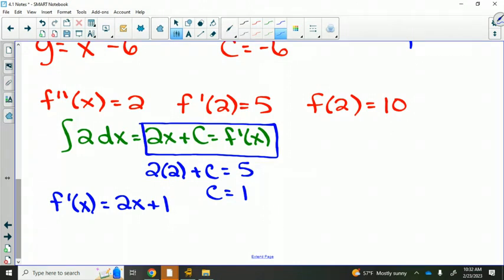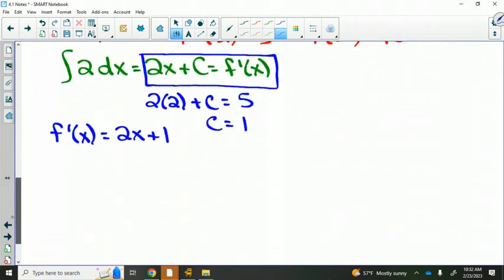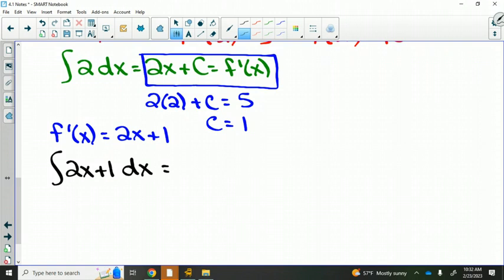Now that we know first derivative, we're going to integrate that to get back to the original. Integrate 2x plus 1 dx. 2x is going to go back to 2x squared over 2. So that's the same as x squared plus x plus c. And that takes us back to our original, so that equals f of x.